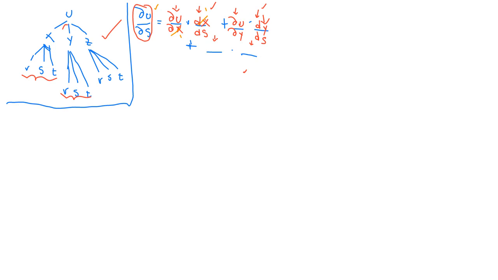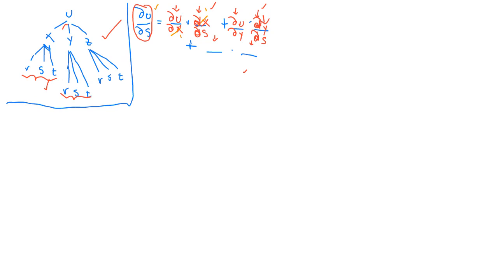Oh, wait, hold on. Actually, I do have an error here. These derivatives are partial derivatives, right? So x was a function of 3 variables. So I have to have the partial derivative of x with respect to s, because I'm going to hold t and r constant there. And then here I have to have the partial derivative of y with respect to s, because y is a function of more than one variable.